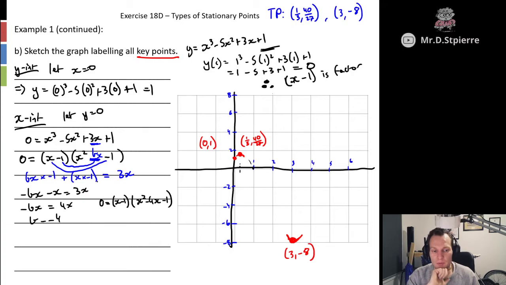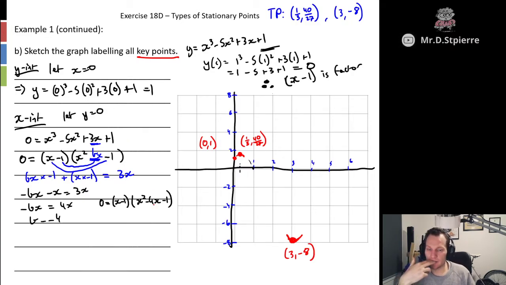I'm just going to do some mental arithmetic in my head to make sure I have the correct answer here. 1 times x. Yeah, so that is correct. But how do we factorize x squared minus 4x minus 1 to get the other factors? Because we need the other factors to know the other intercepts.